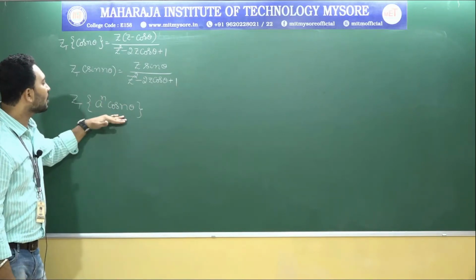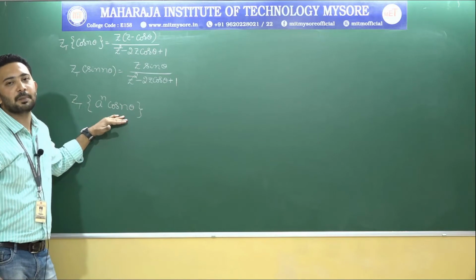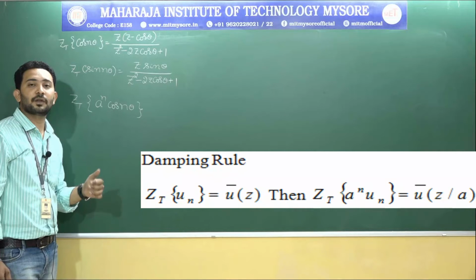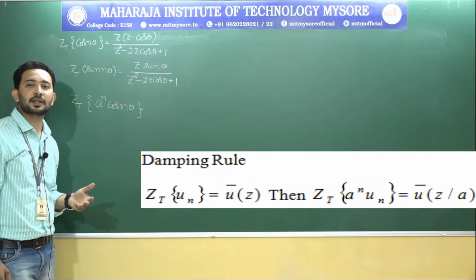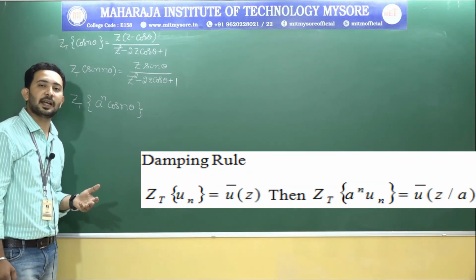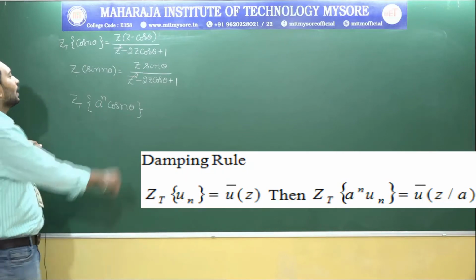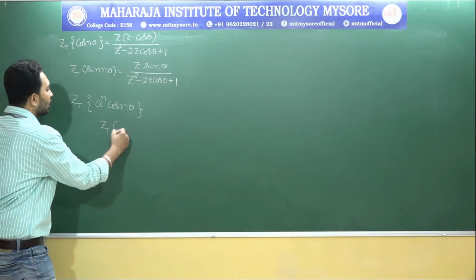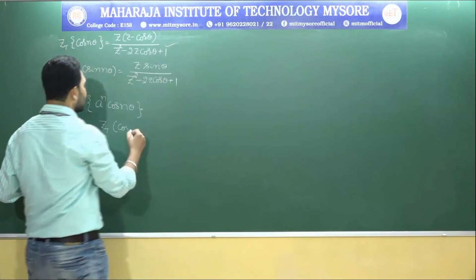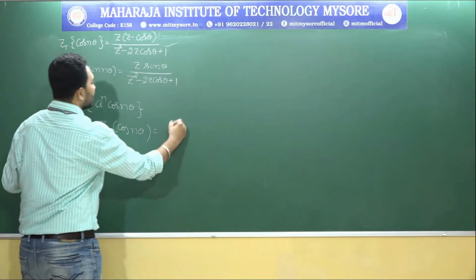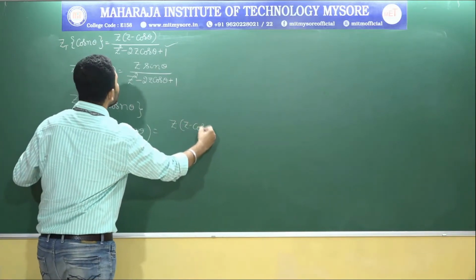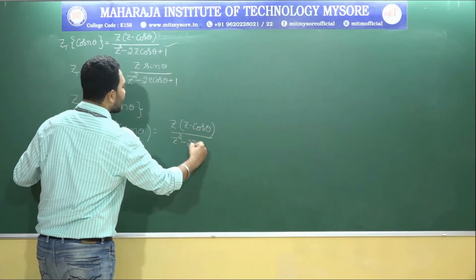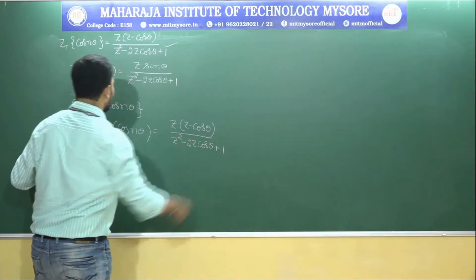We can solve this by using the damping rule. By the damping rule, the z transformation of a power n into u n is u bar of z by a. For this we already know the z transformation of cos n theta, that is z into z minus cos theta divided by z square minus 2z cos theta plus 1.